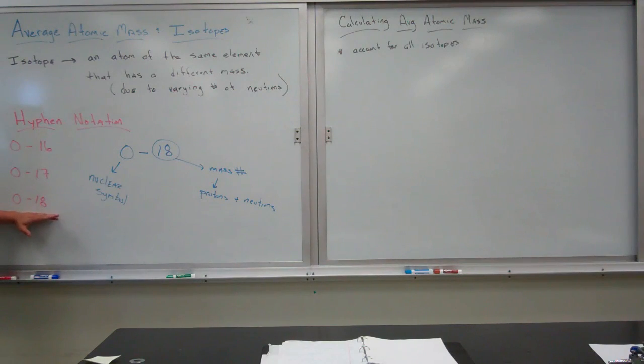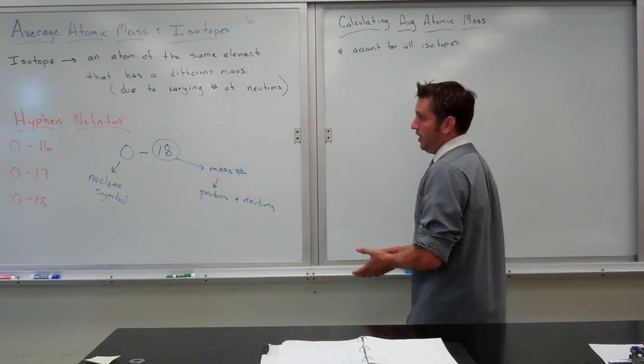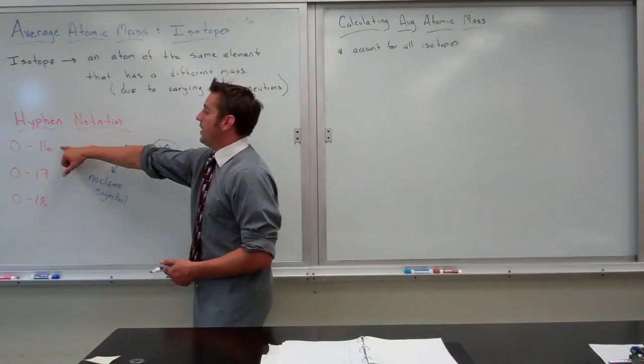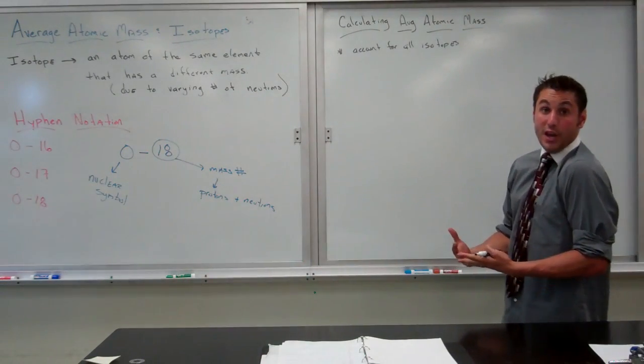O16, O17, O18. It is not necessarily the case that 1/3 of the oxygen atoms have a mass of 16, a third have 17, and a third have 18. In fact, it's hardly ever that balanced. What you will find out is that O16 is about 99% of the oxygen atoms that we know of.